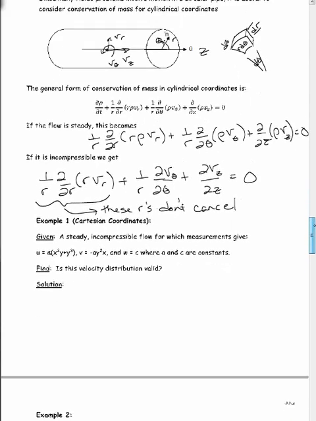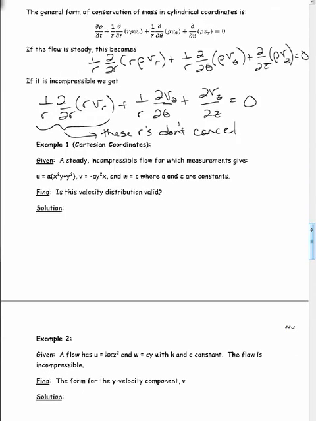Okay, so let's do a little example here. So again, like our stagnation point, we're given velocities. This, by the way, is not cylindrical coordinates. We'll have another example with cylindrical. This is back to Cartesian coordinates. So steady incompressible flow, measurements give a U of this equation, a V of this equation, A and C are constants, W is that equation.